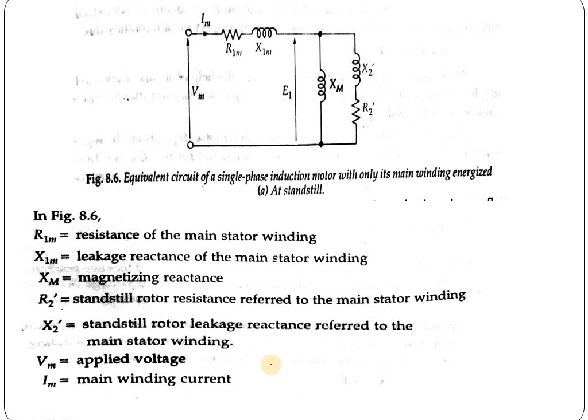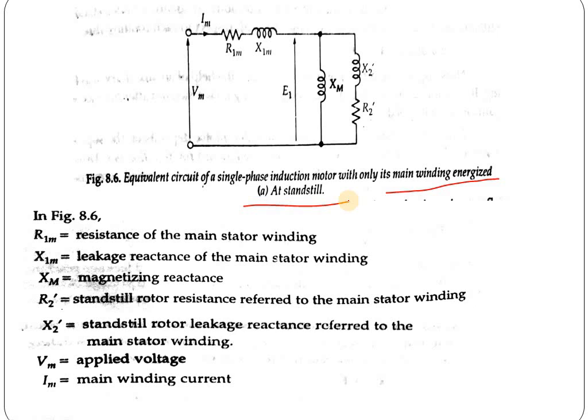This is the equivalent circuit when only the main winding is energized and the motor is at standstill, because by energizing only the main winding the motor is unable to start, as it is not self-starting. We need the auxiliary winding to start the motor.